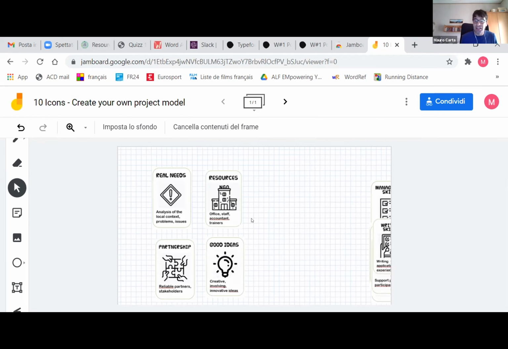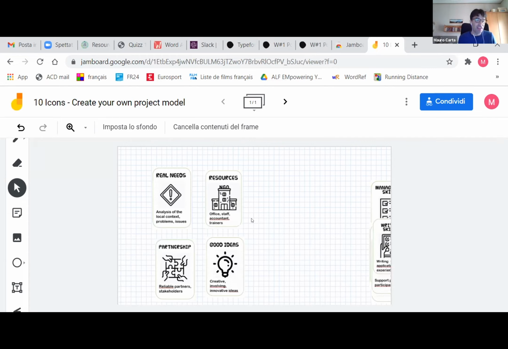So if we include them from the very beginning in the development of our idea and our project, it will be much stronger from the beginning. Another positive consequence of involving the partners in this phase is that you will avoid misunderstandings and problems when the project is approved.